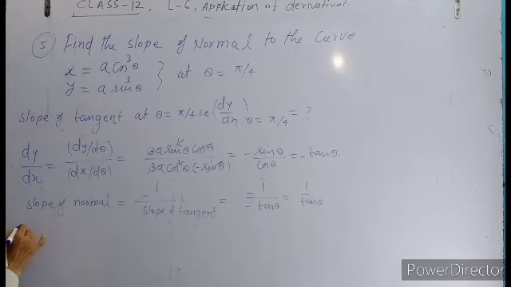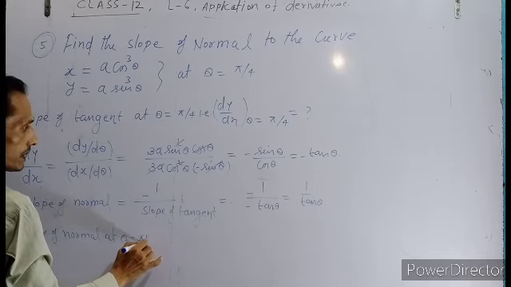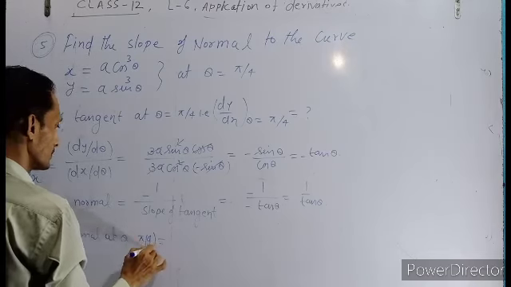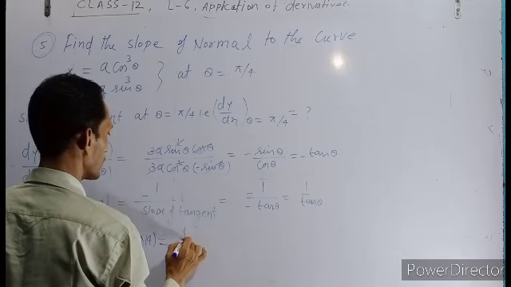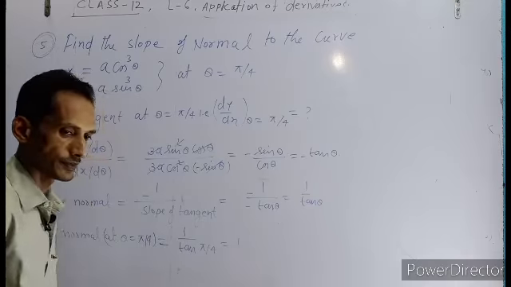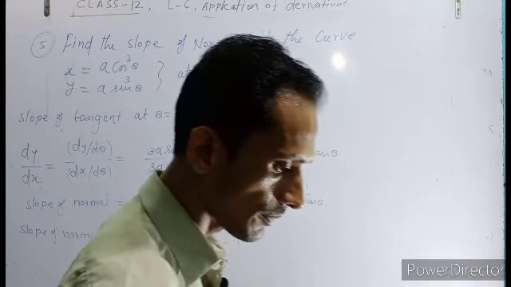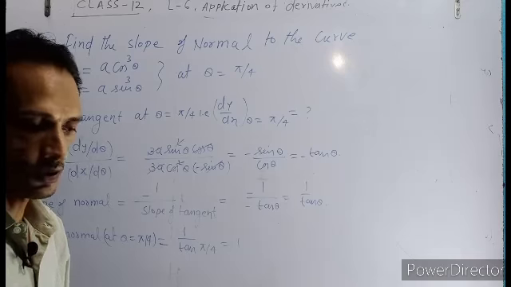Now the slope of normal at theta equal to pi by 4 is given by 1 upon tan pi by 4, that is equal to 1. So in this way we can find the slope of tangent or slope of normal.